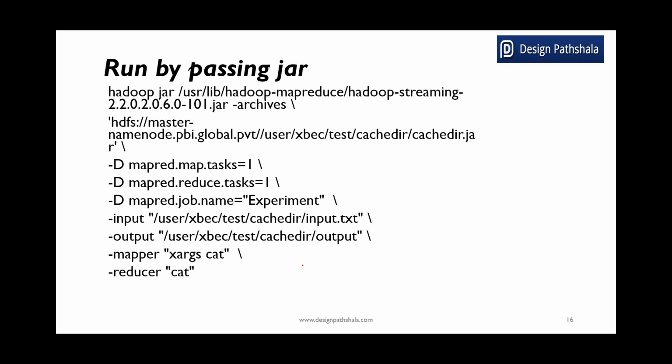So these files are distributed in the cluster when your job is created by your job tracker. That is kind of a distributed cache. Not the distributed cache, this is a different concept. But your files are distributed in the cluster on the data nodes where your streaming would be running.